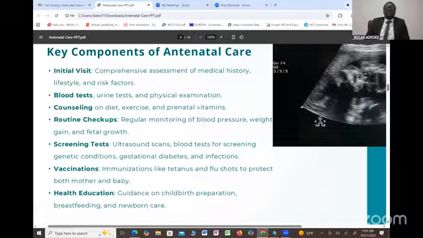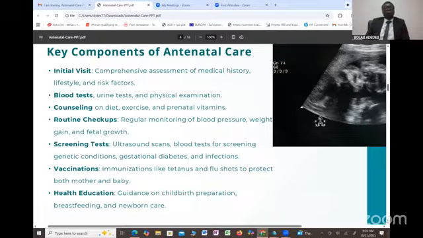Then for the blood screening, we have various blood screenings that can be done. For instance, in the case of gestational diabetes mellitus, we can screen for this. There's something called the oral glucose tolerance test, which will allow us to detect this and other infections, which I'm going to talk about in the next slide.